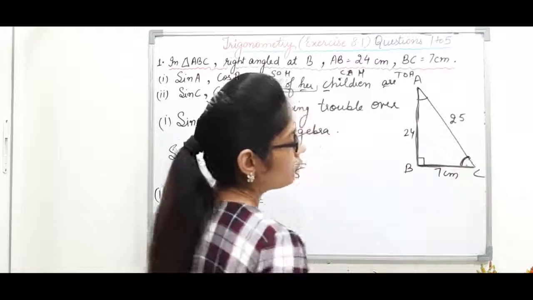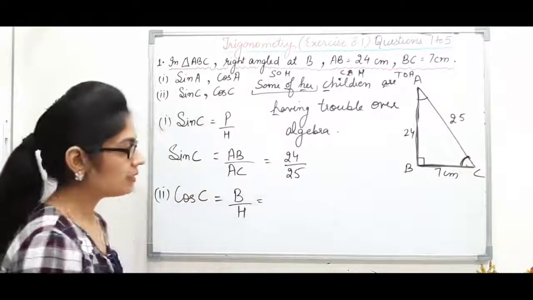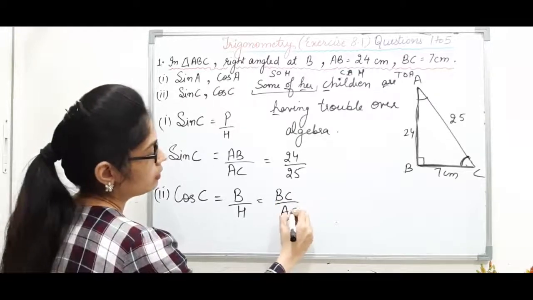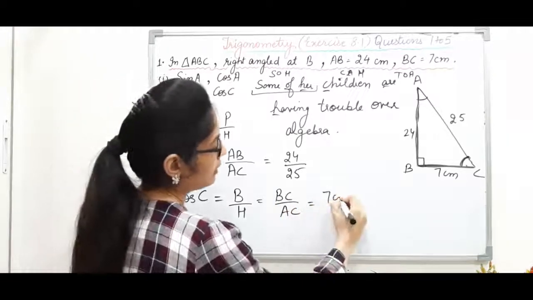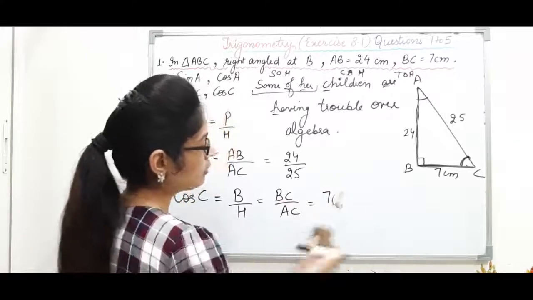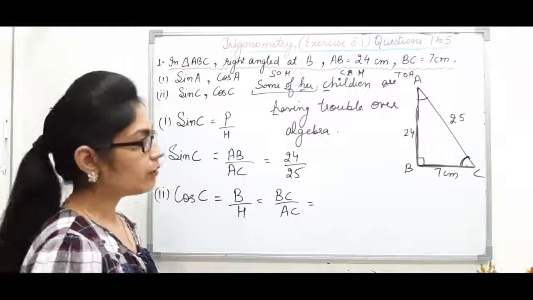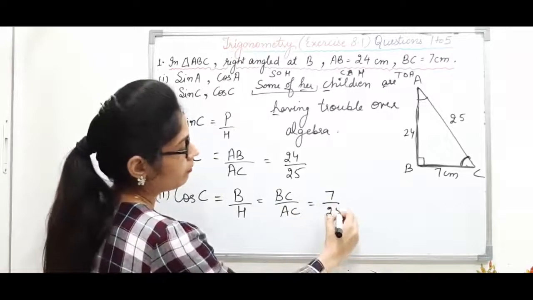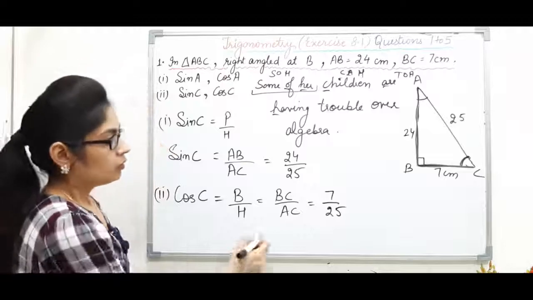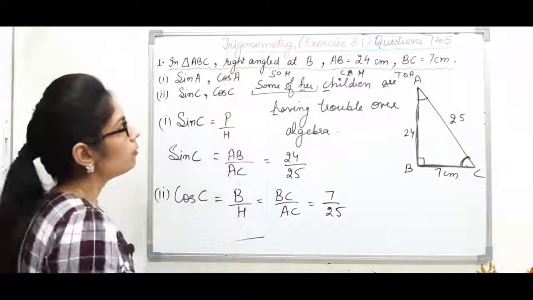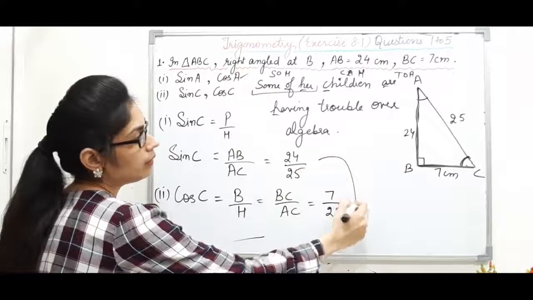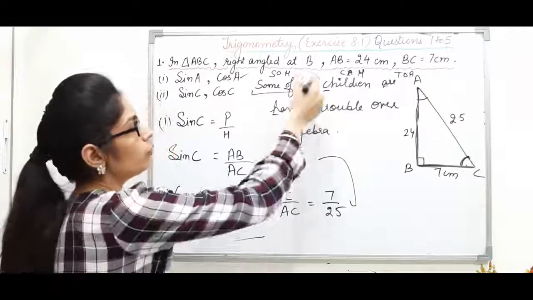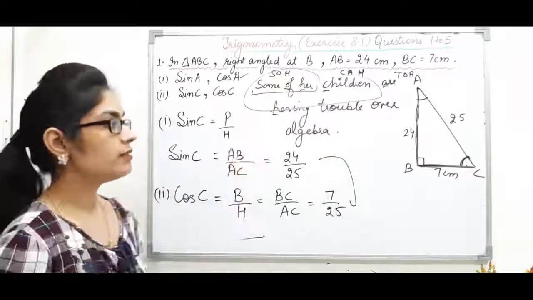So with respect to C, BC is the adjacent side, which means BC is base. You can write over here H, hypotenuse, it is AC. So BC is 7 centimeter or 7, because we are finding a ratio, so we don't have to write the unit. This is a trigonometric ratio, 7 upon 25. If you compare it with part 1, you can see now the values are interchanged. So this was question number first. We have to remember all these ratios and then we can easily do the question.